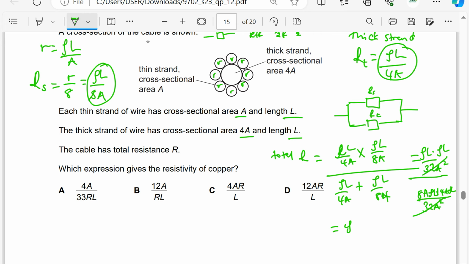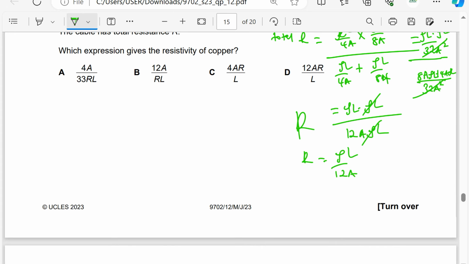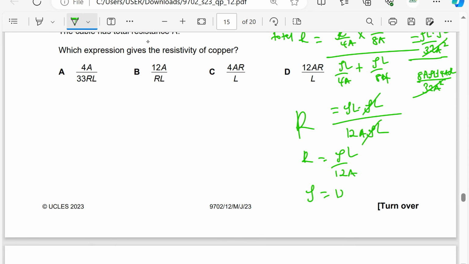So I am remaining with rho L times rho L divided by, in the denominator, 8A rho L plus 4A rho L, that is 12A rho L. So this is total resistance R. So rho L cancels with that one. I want to make resistivity the subject. So remember R is equal to rho L divided by 12A. So making resistivity the subject, resistivity is 12AR divided by L, making the answer to be D.